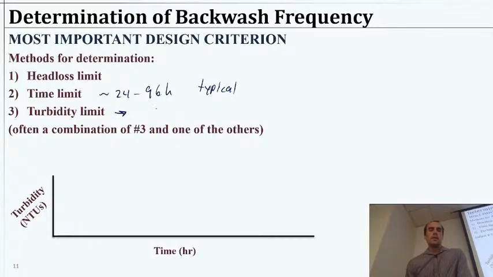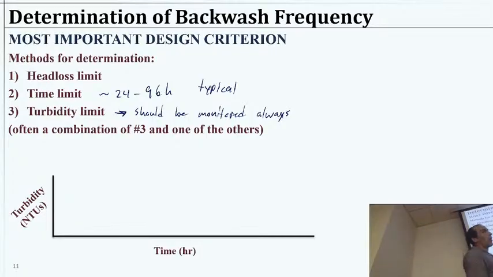So this pretty much should be monitored regardless. Okay, so usually a combination of the first two and then also watching turbidity. I guess maybe you could conceive of somebody not doing that, but I think turbidity is always monitored.